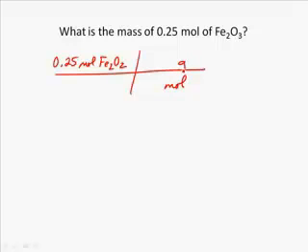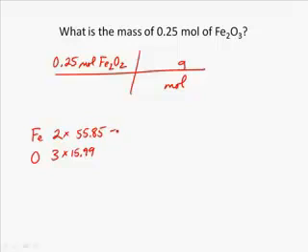So now we're going to go back to, remember in percent composition, how we found the total mass of the compound? We're going to do the same thing here. For the iron, I have 2 of those. Oxygen, I have 3. And iron is 55.85.